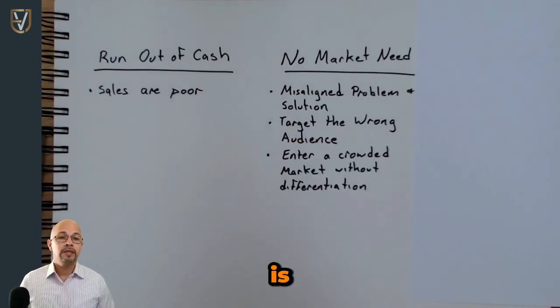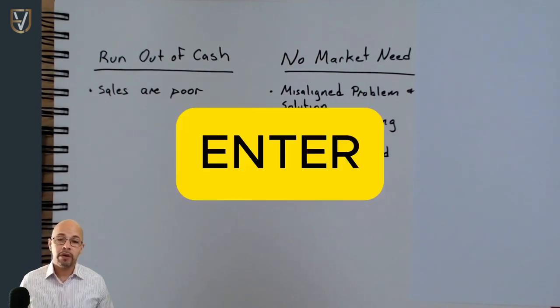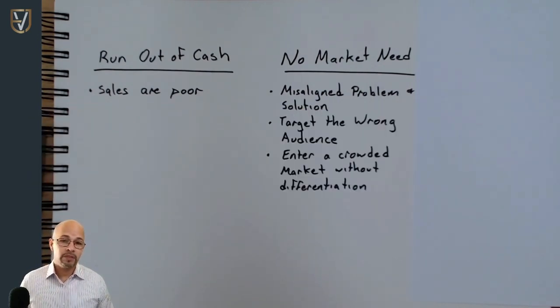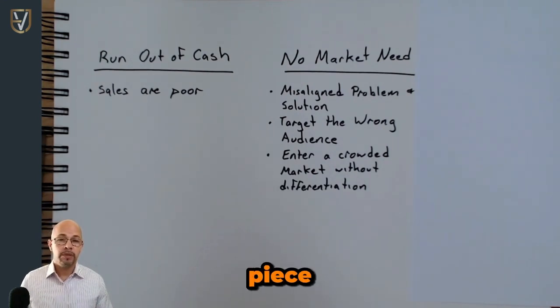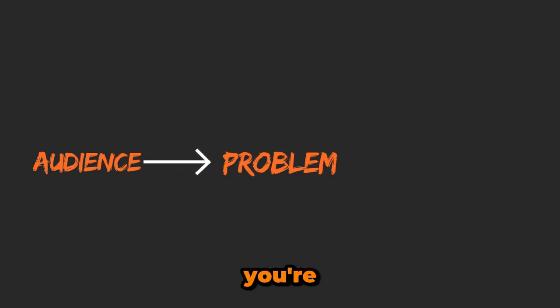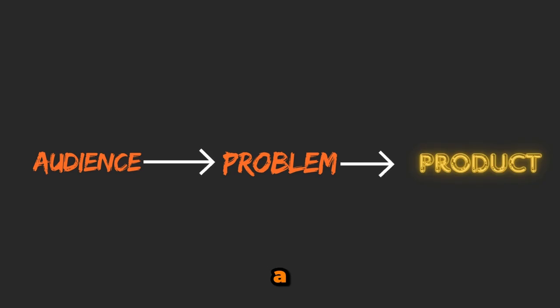The third one is entering a crowded marketplace without differentiation. So usually, to be able to differentiate, the first critical piece is the ones that I mentioned above: having the right ideal customer, the right audience, understanding the problem that you're solving for this ideal audience or customer, and then having a solution and therefore a product that manages and satisfies that problem that the audience is having.